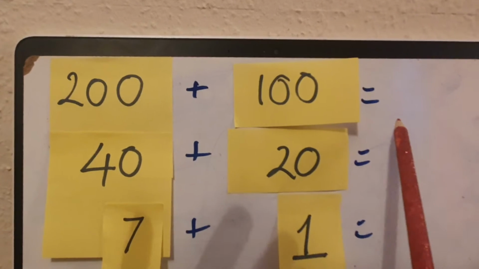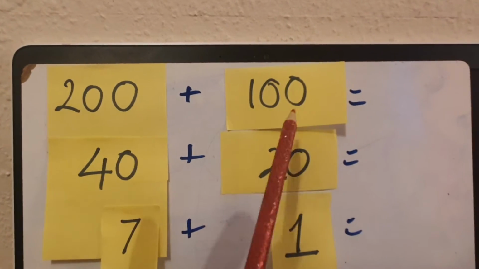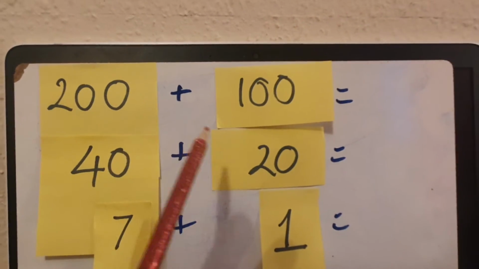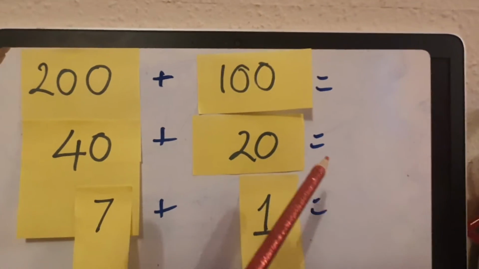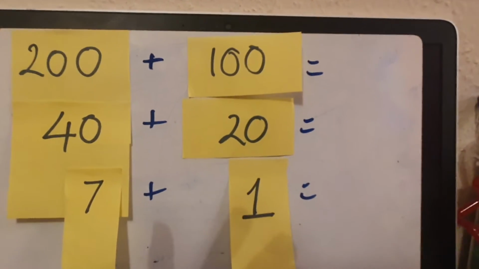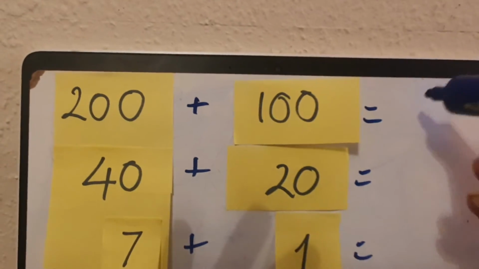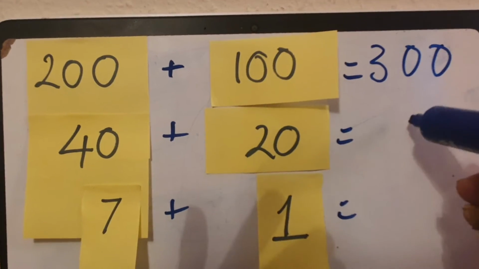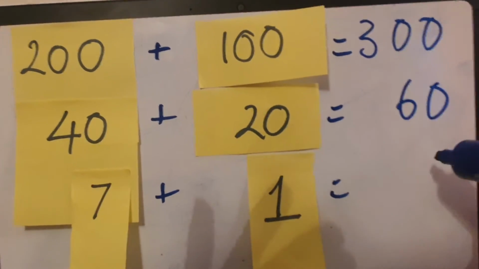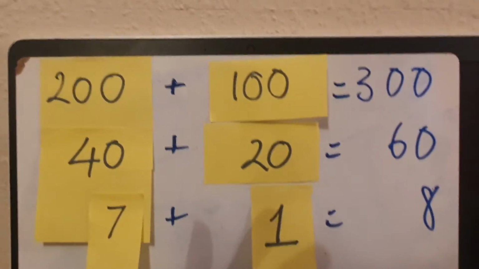That would be 300. And then 4 tens add 2 tens would be 6 tens. And that equals 60. And 7 and 3 is 10. So 300, keeping my place values, 60 and 10.